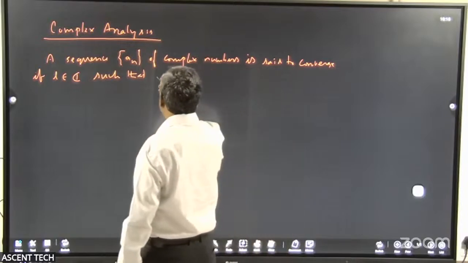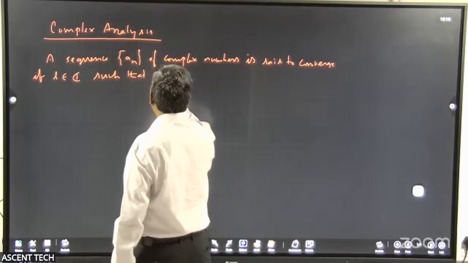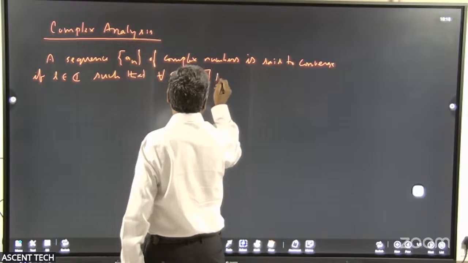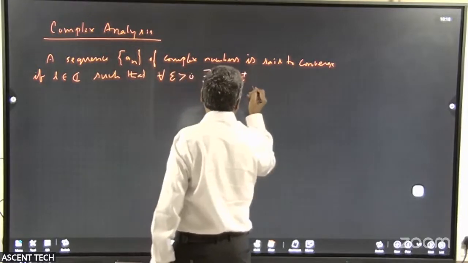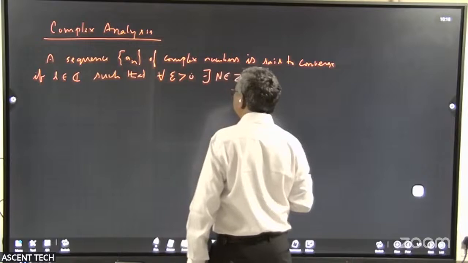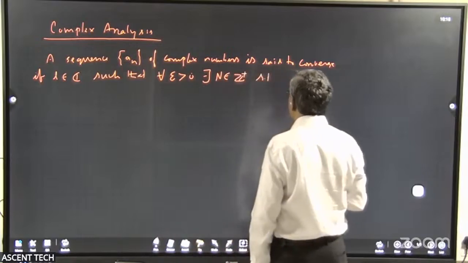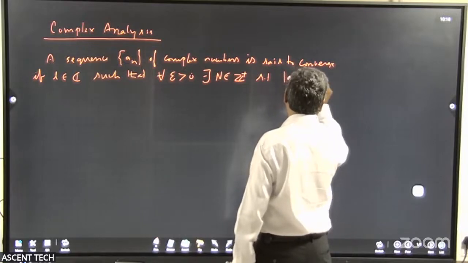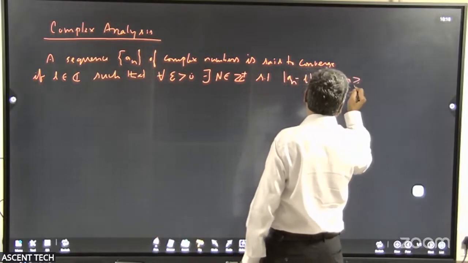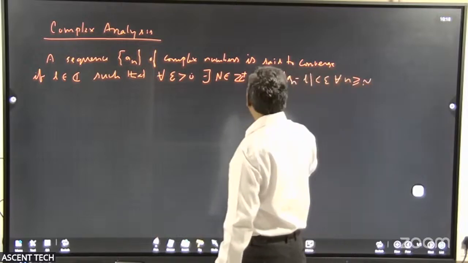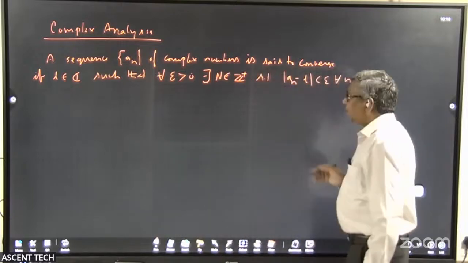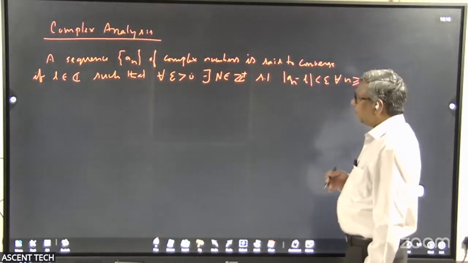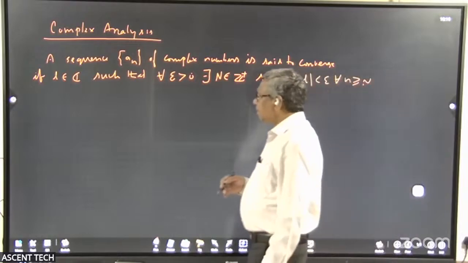For every epsilon greater than 0, there is an N such that the distance between a_n and L is less than epsilon for all n beyond N. That's when you say a_n converges to L. It's a pretty easy thing.